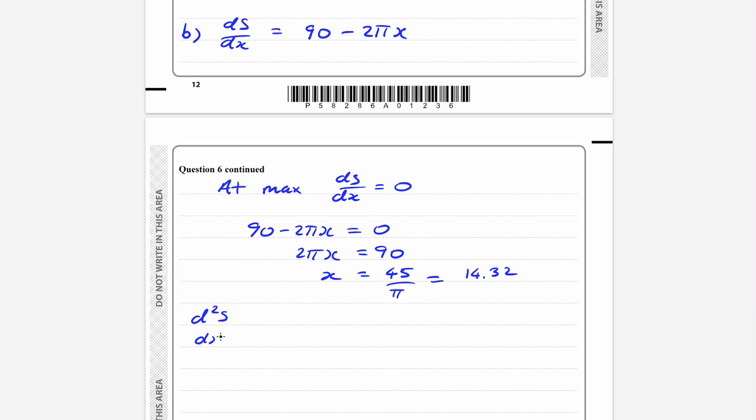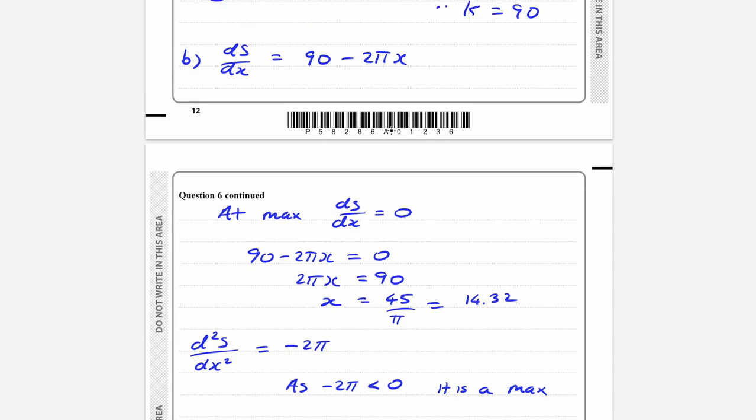Now to justify that it's a maximum, I have to get the second derivative, d2s dx squared. This is the first derivative. The second derivative I get from this: the 90 turns to 0, and this just becomes negative 2 pi. Remember I said if it's a maximum, the second derivative will be negative. So negative 2 pi is less than 0, stationary point, so it is a max.